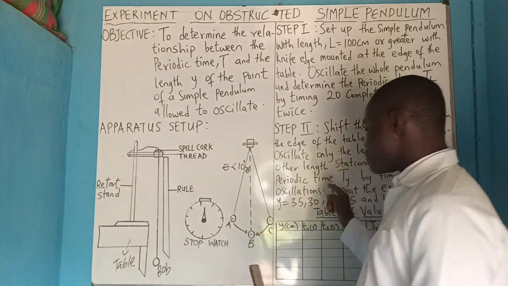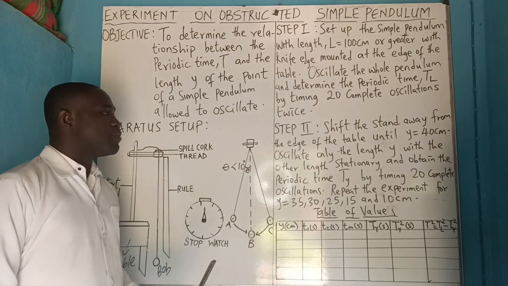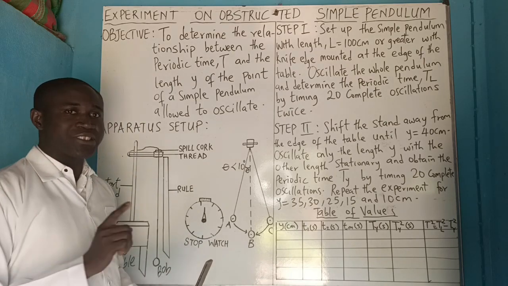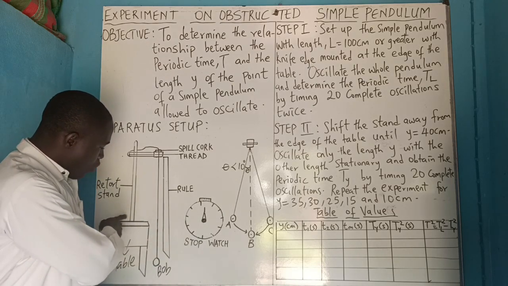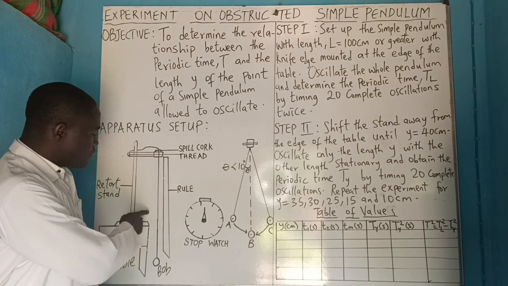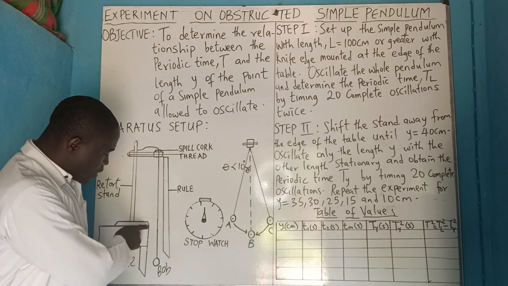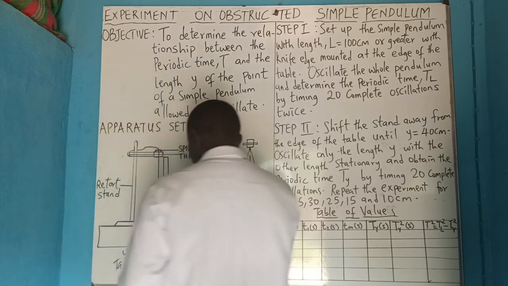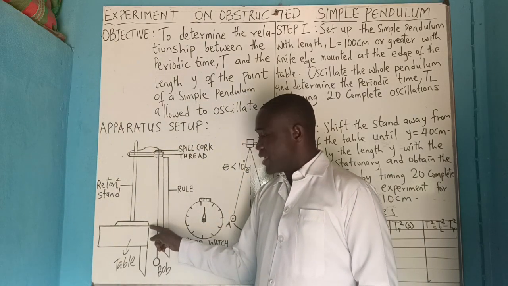Afterwards, shift the stand away from the edge of the table until L equals 40 cm. You have to shift this stand away. And when you shift this stand away, it will get to a point that this thread will be touching this table. Are you getting it?